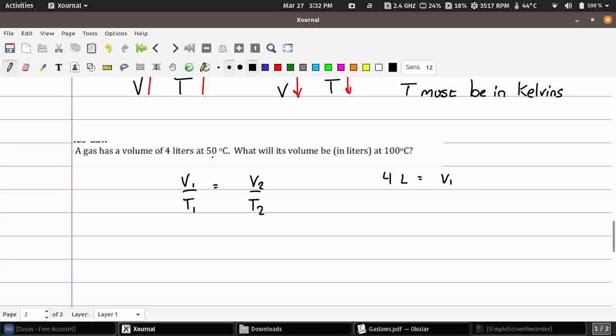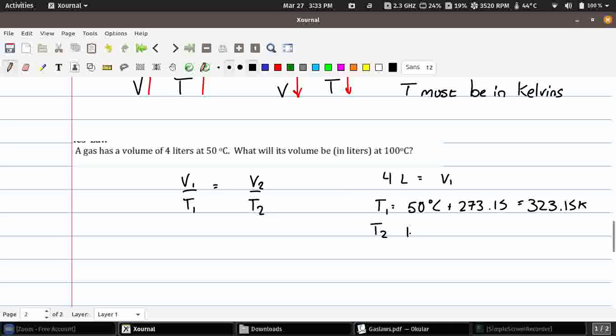We have to convert 50 degrees Celsius to kelvins. So T1 equals 50 degrees Celsius plus 273.15. So that should be like 323 or something like that. You don't have to use the 0.15. That's just like the official one. You could just use 273 if that's easier.